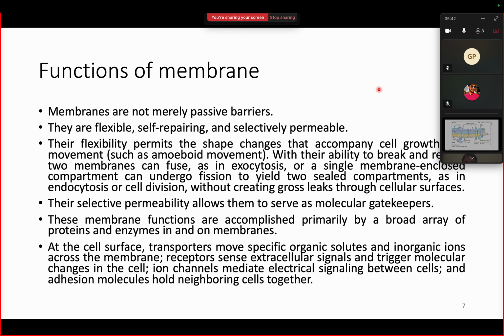So the question is why the membrane is selectively permeable and why it cannot allow all the molecules to pass through it. If, for example, carbon dioxide and oxygen can pass through the membrane without any issue, right, then why do we need the presence of proteins, as we have seen earlier today itself, given that large molecules cannot pass through the membrane?